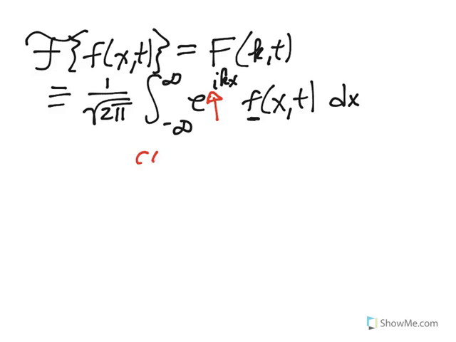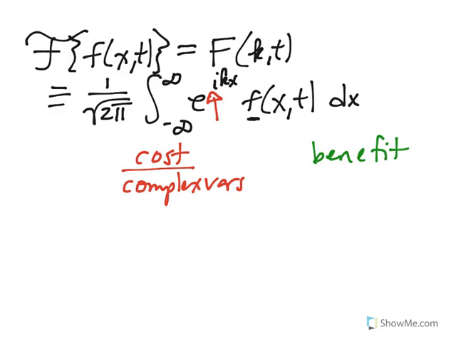So there's a cost of doing this transform, and that is that we've introduced complex variables. That makes it a little more difficult. However, we do it because there is a clear and larger benefit, and that is that the operations we will have to perform in k space are easier than if we tried to perform them in x space. And we'll come back to that.